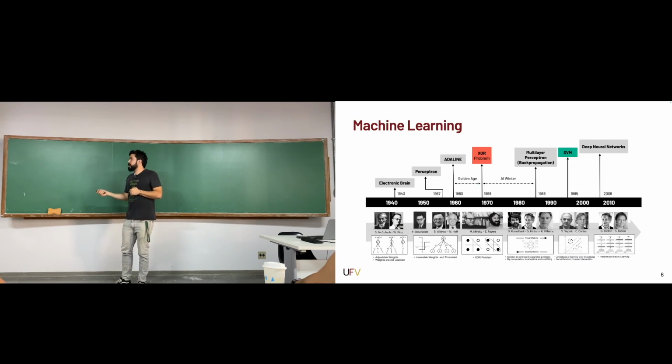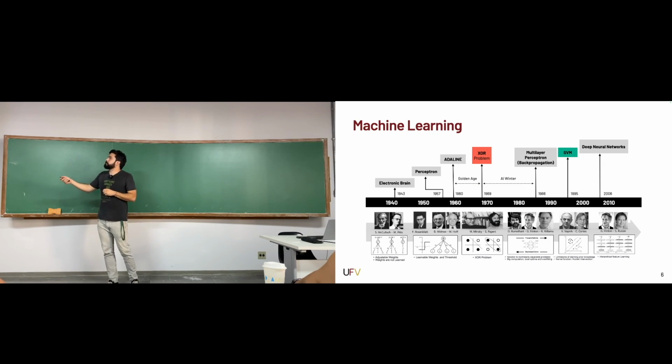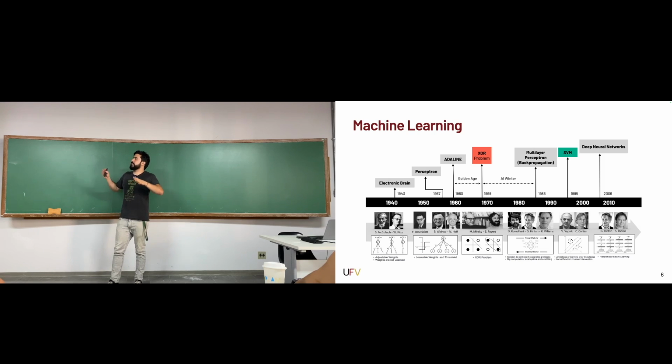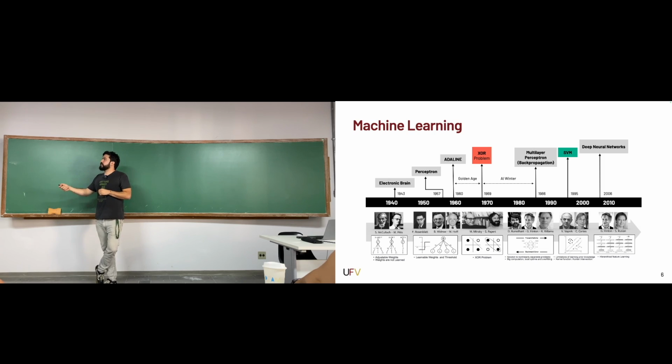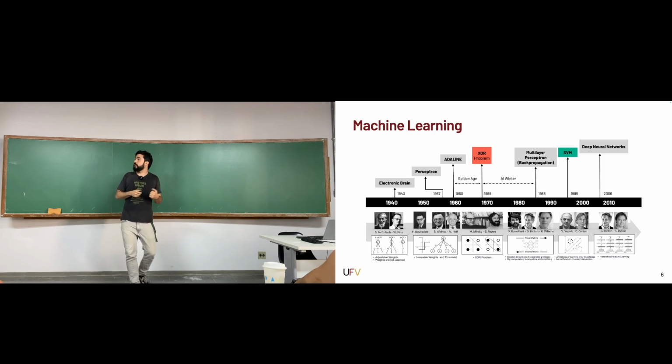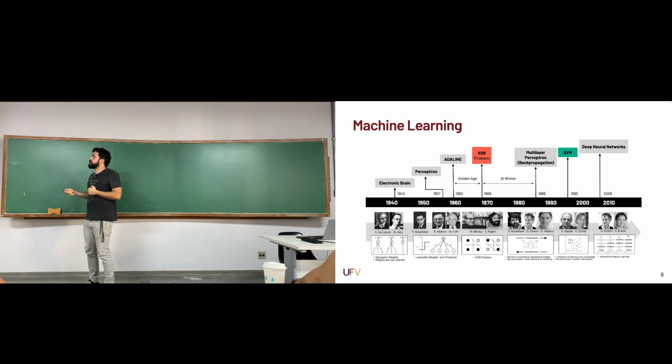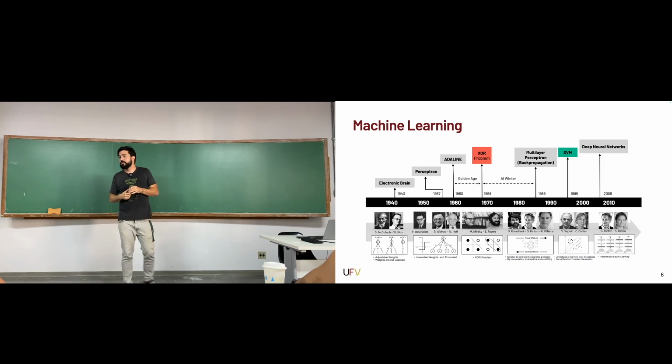Okay, and then we stopped right here. I was briefly talking a little bit about the history of machine learning and AI. So just a quick recap, in the 40s, that's when we can say that machine learning started, because we have McCulloch and Pitts designing the first electronic neurons.